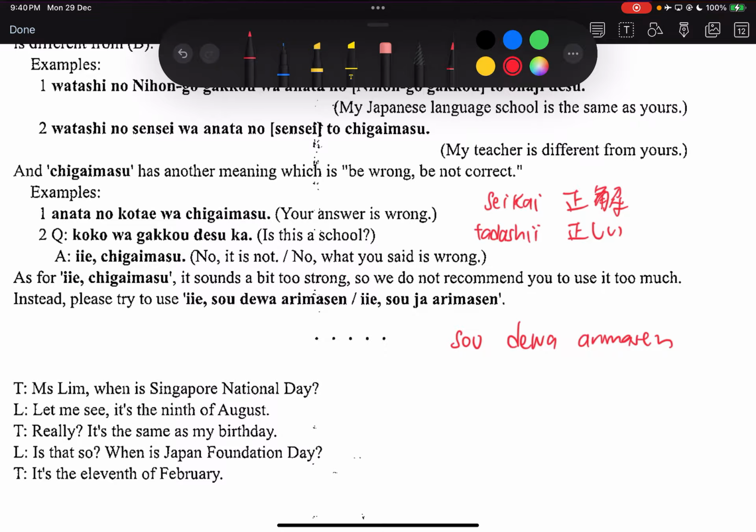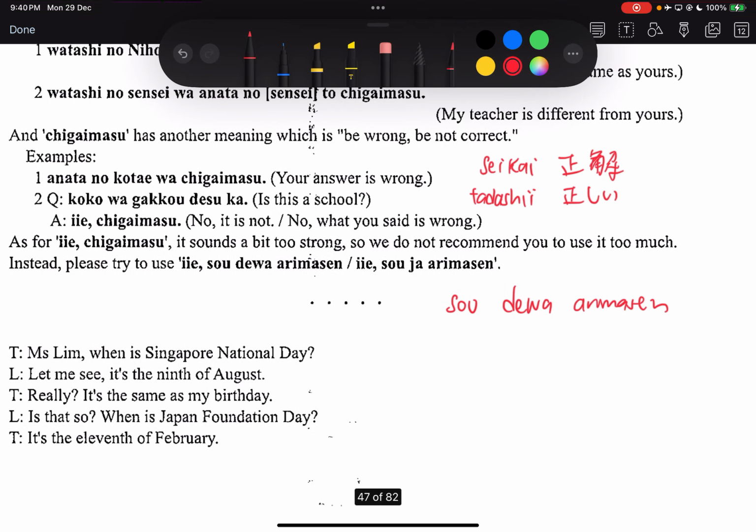If you want to say something is not quite the same, そうではありません or 同じではありません, like not the same, then it will be less scary for the Japanese people to hear. So we can say ではありません, そうではありません, 同じではありません, then you soften the impact of saying this is wrong, or it's different. Okay?